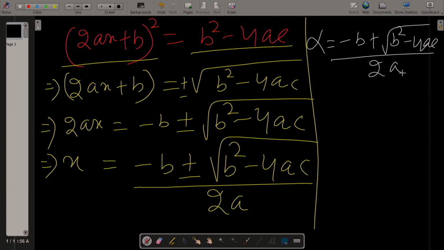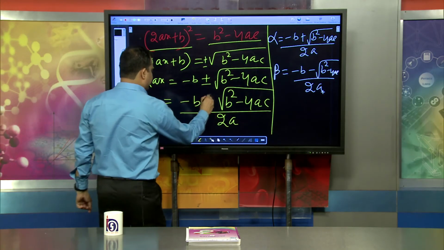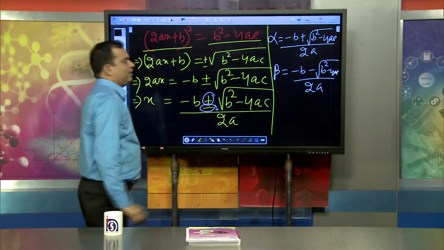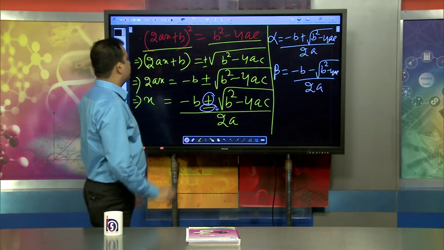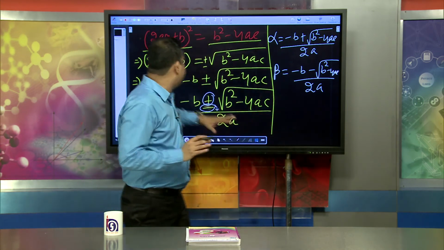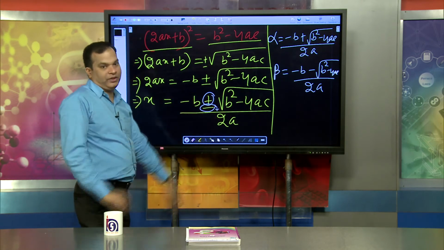Suppose beta is the negative one, that is, minus b minus the square root of b square minus 4ac, divided by 2a. That means there are two solutions: the positive gives one solution, and the negative gives another. So, dear learners, through the quadratic equation there is a formula: minus b plus minus the square root of b square minus 4ac, divided by 2a.